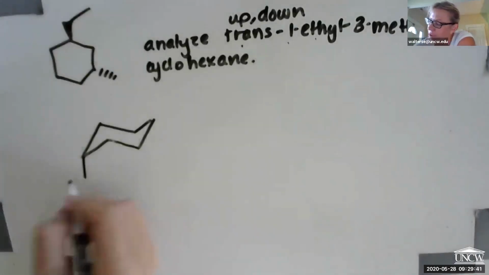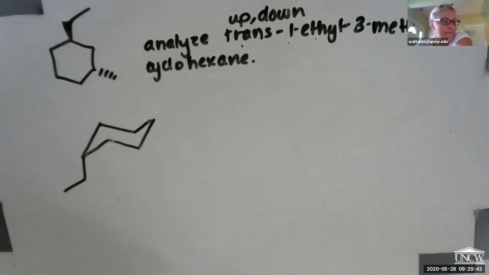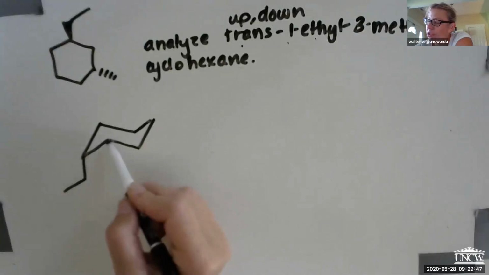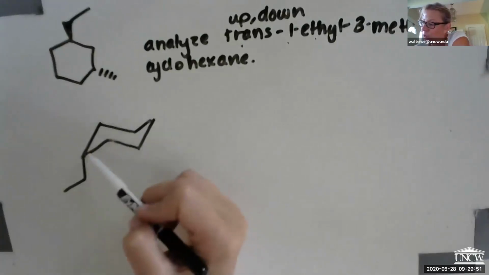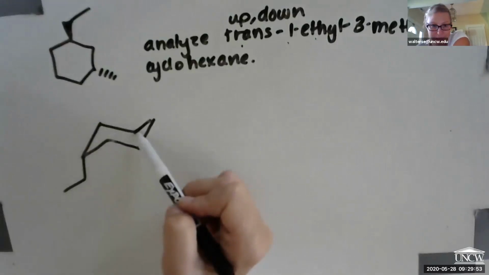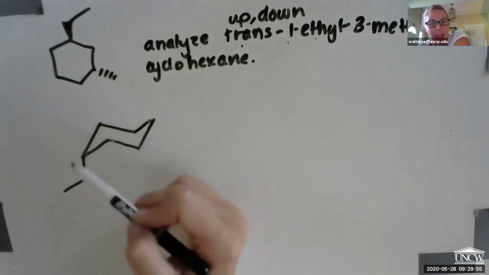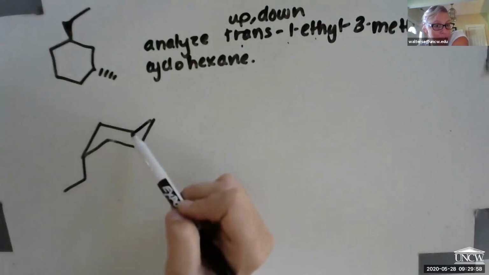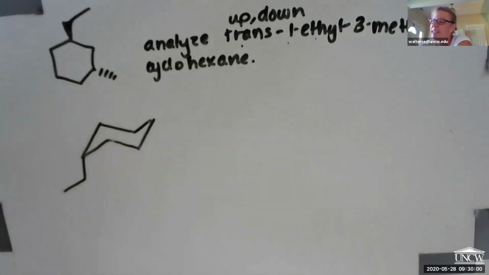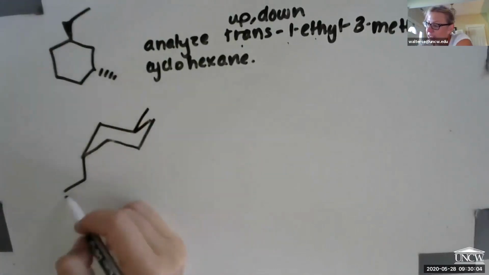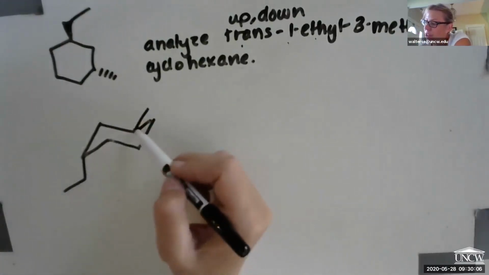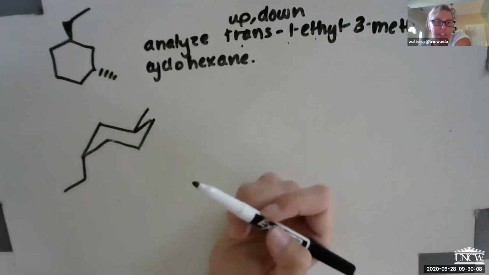I'm going to put my ethyl group there. Now you can go 1, 2, 3 in the front, or 1, 2, 3 in the back. I always go towards the back, but it's your choice. So down axial, which is an ethyl, up equatorial, which is a methyl.